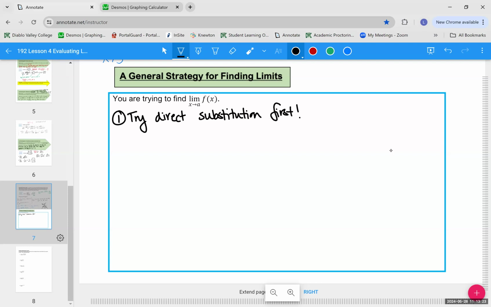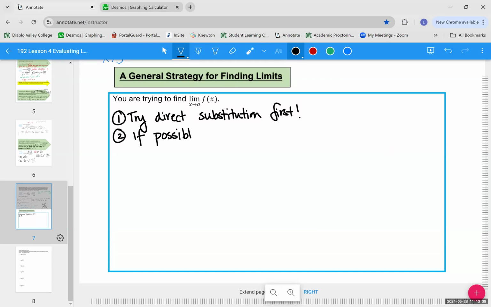Direct substitution. Plug it in, and if you get a number, you're done. However, if that doesn't work, I will add that you might want to look at simplifying first.